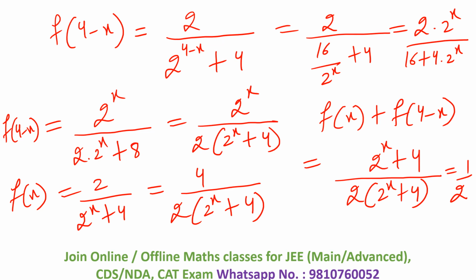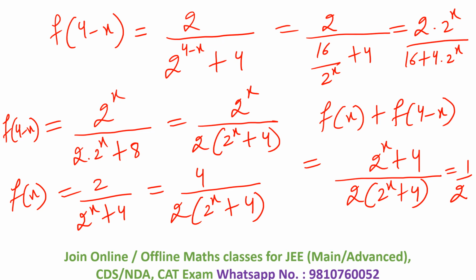So that means now we have found a very important property of this function, and that is f(x) plus f(4 minus x) will be equal to half, and it is independent of the value of x. That means it can be any real x, but the value of f(x) plus f(4 minus x) will always be equal to half.